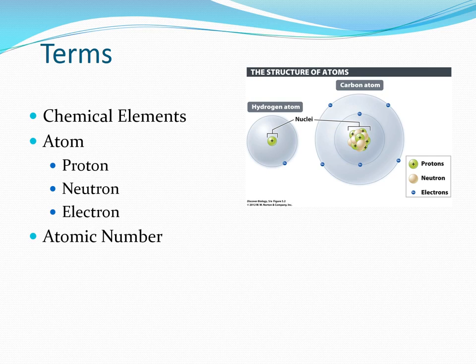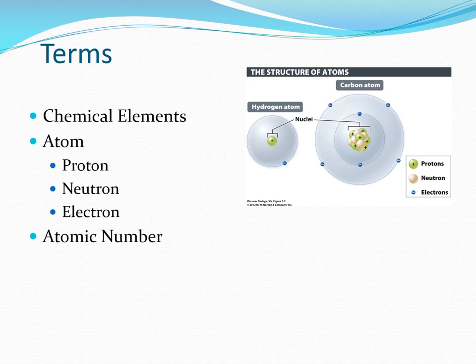Those protons are positively charged, and they're inside the nucleus along with the neutron, which is neutral or doesn't have a charge, and they are surrounded by these orbitals of electrons that are moving around, and you can see that these are much smaller, about 1/2000th the size of the protons and neutrons.